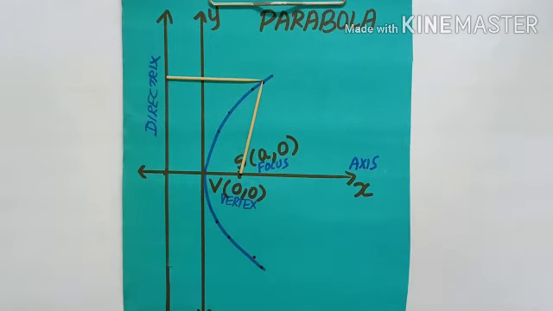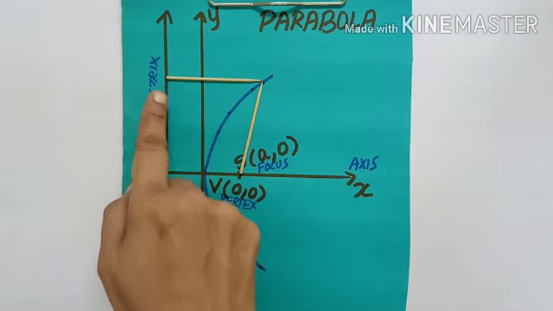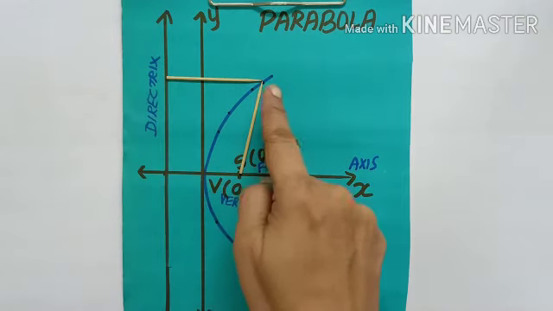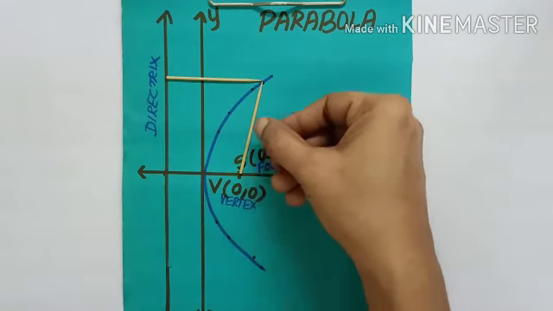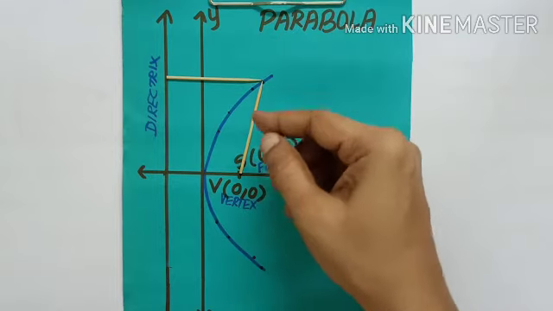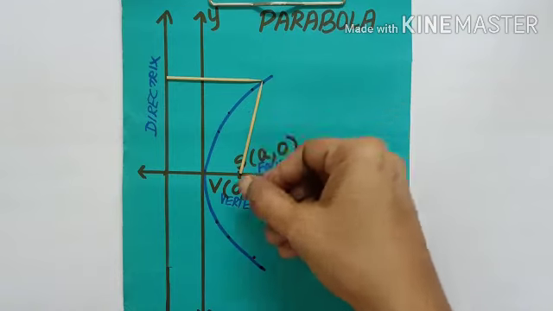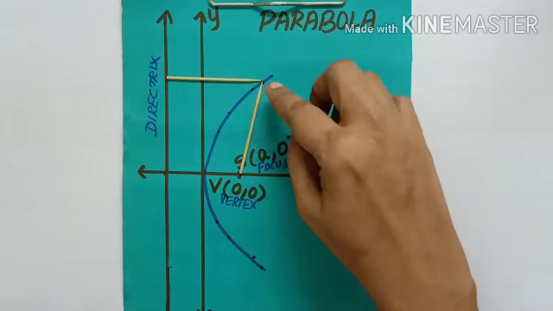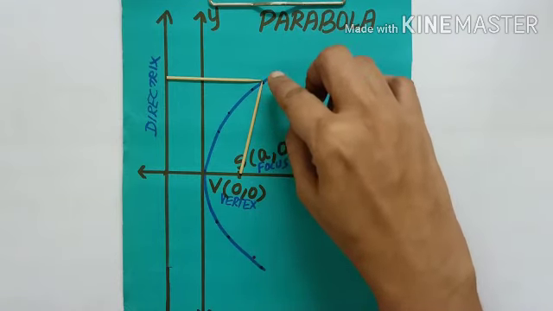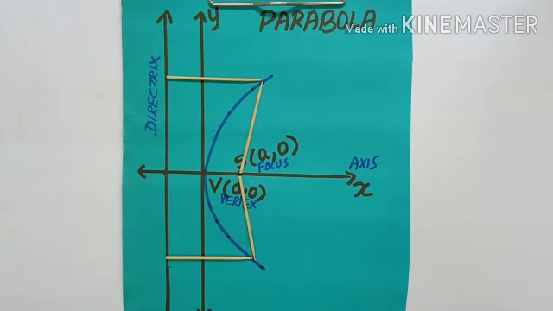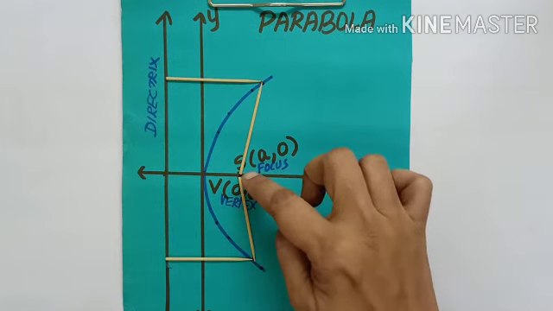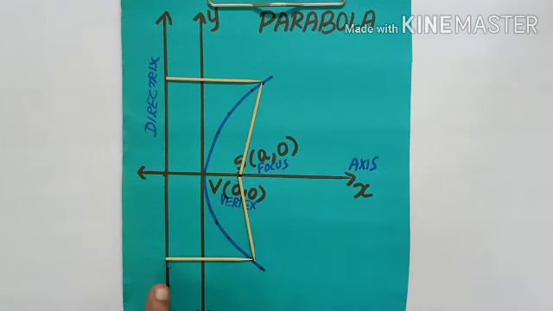How to draw the parabola? The distance from the directrix and the distance from the focus must be equal. See, this stick and this stick, the same size we have taken, and they join here. So that is a point. We have taken another two equal sticks, one at the focus, one from the directrix.